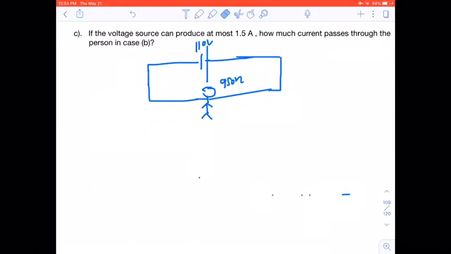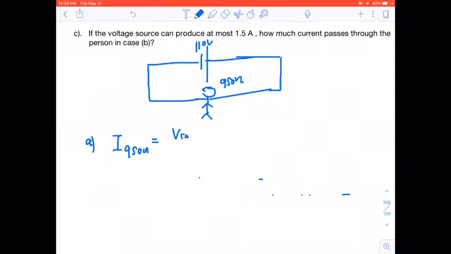So let's say I through the person. Here's a resistance of 950 ohms.